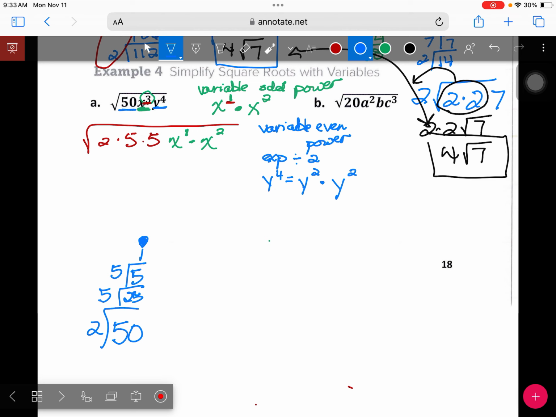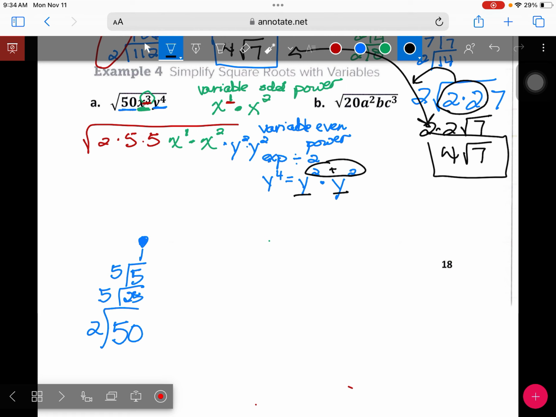Okay? So I'm going to multiply this as y to the second times y to the second. Because remember, when you multiply 2 powers that have the same base, you keep the base and you add the exponents. So it's just dividing it into 2 smaller expressions.